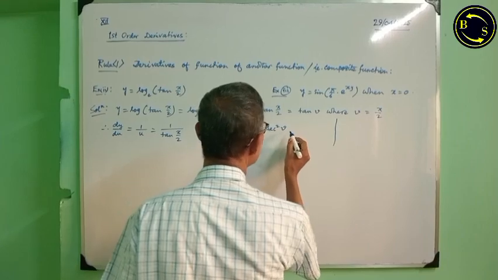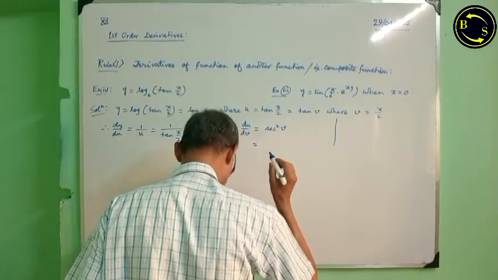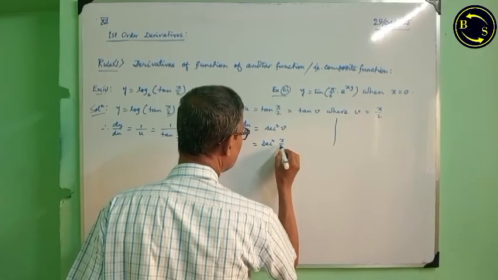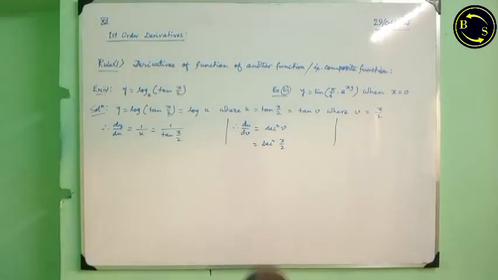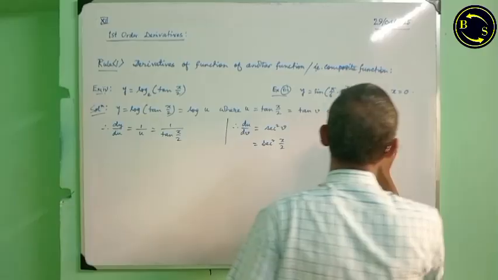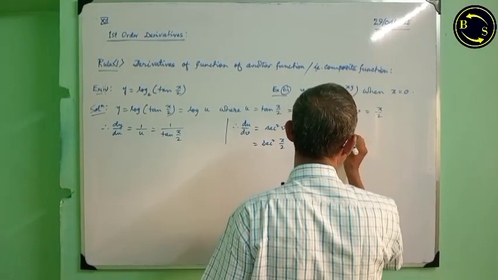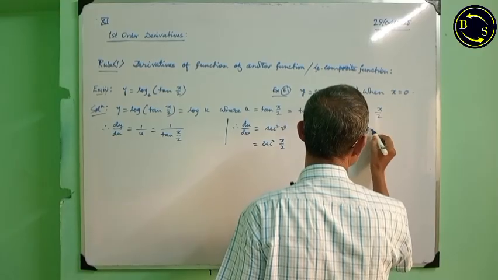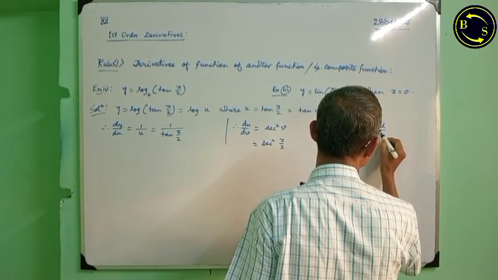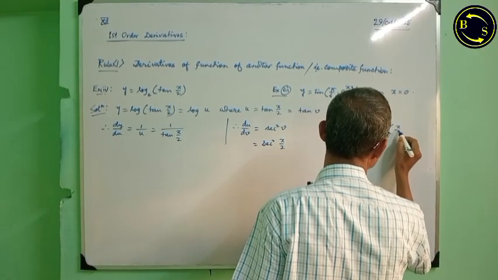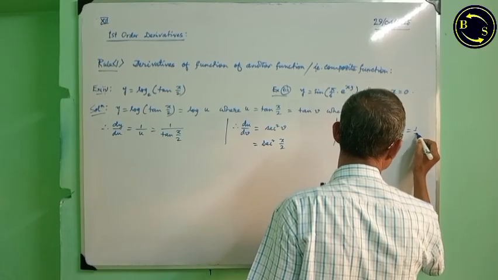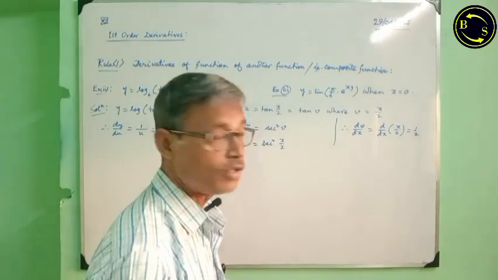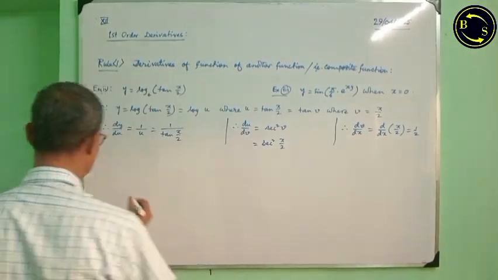Now if we replace v in terms of x, that will be sec square x by 2. Next, v equal to x by 2, therefore dv by dx is equal to d by dx of x by 2 equal to half. Half into d by dx of x means half into 1, that is equal to half.